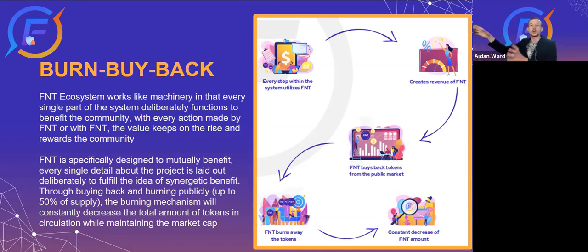They'd be able to buy back the FNTs and then burn up to 50% of it, which would be huge. And this is why the community is in charge of the value of the token. This is amazing. This basically gives us the confidence that this isn't going to fall off the face of the planet in the crypto sphere.